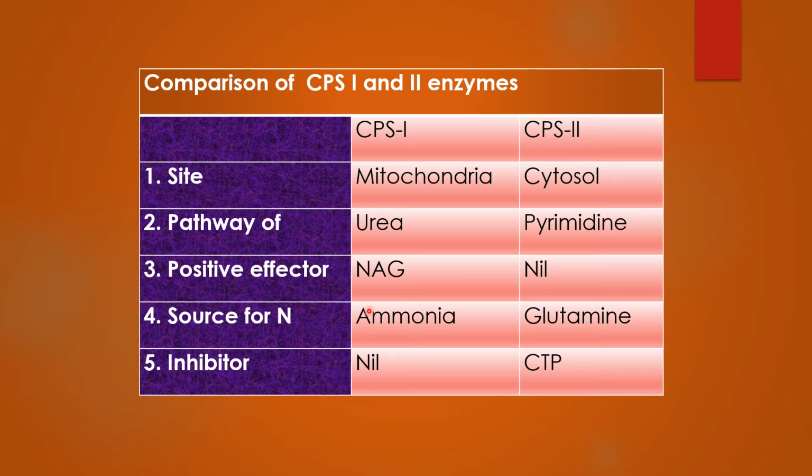The positive effector of CPS1 is NAG, while there is no positive or negative effector for CPS2. The source of nitrogen is ammonia for CPS1, while for CPS2 the source is glutamine. There is no inhibitor of CPS1, while for CPS2, CTP acts as an inhibitor.